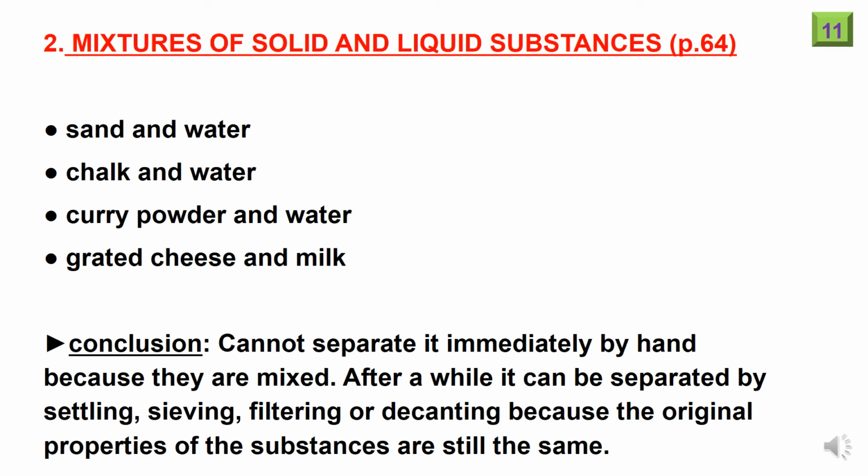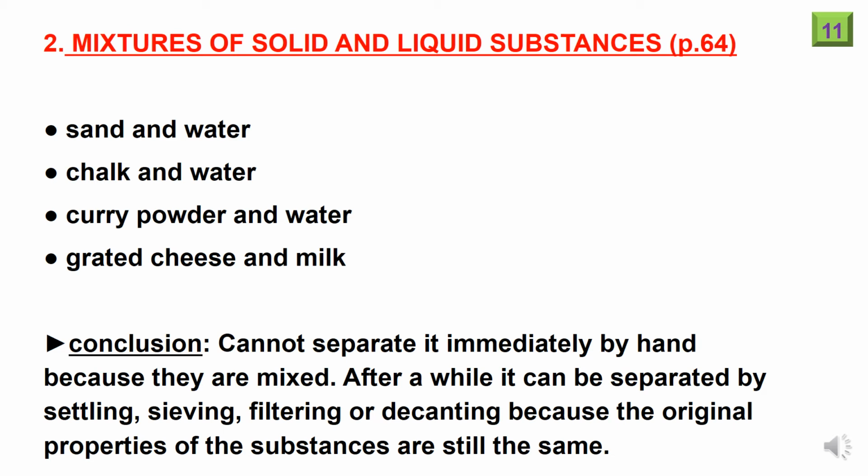The second one, if you look at mixtures of solids and liquid substances, and I've got a couple of examples for you here, and we can look specifically at sand and water. Then the sand is your solid and the water is your liquid substance. So it cannot be separated immediately by hand because they are all mixed.